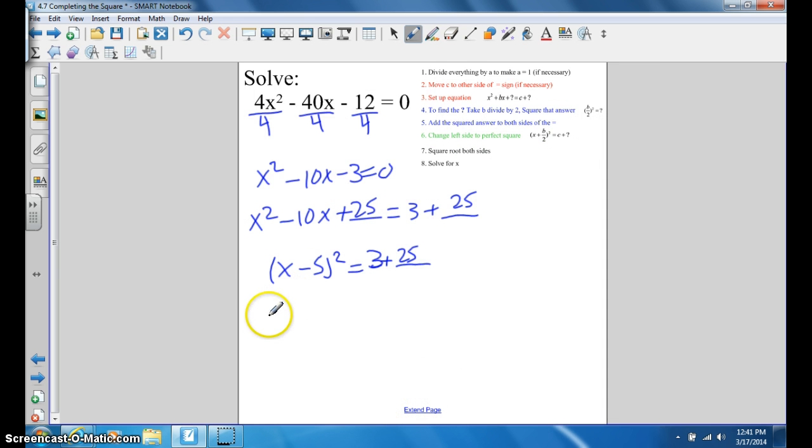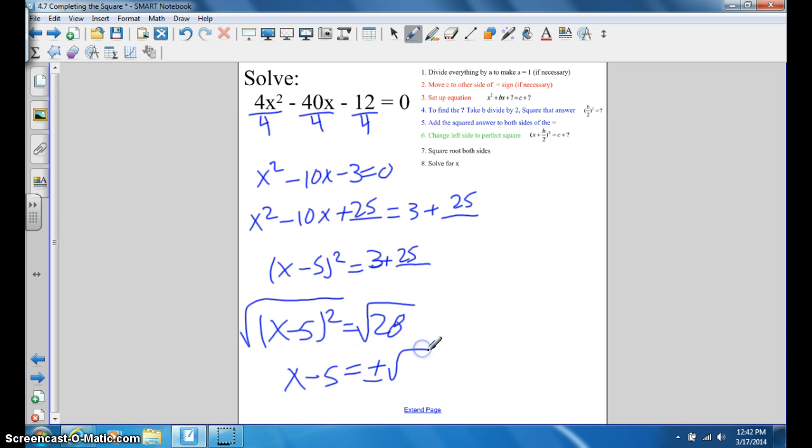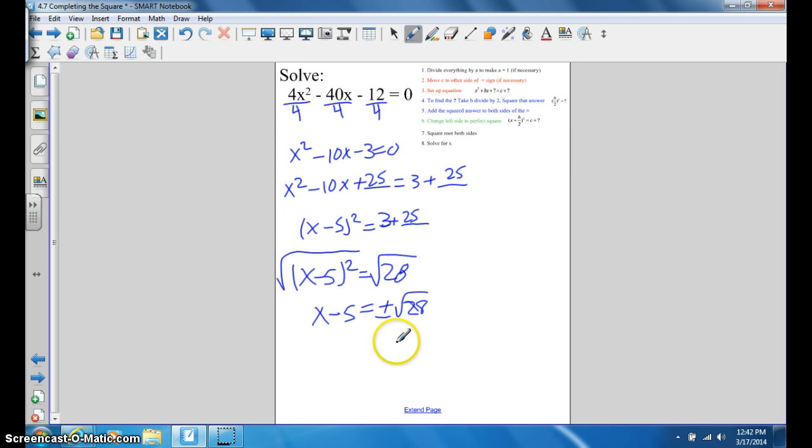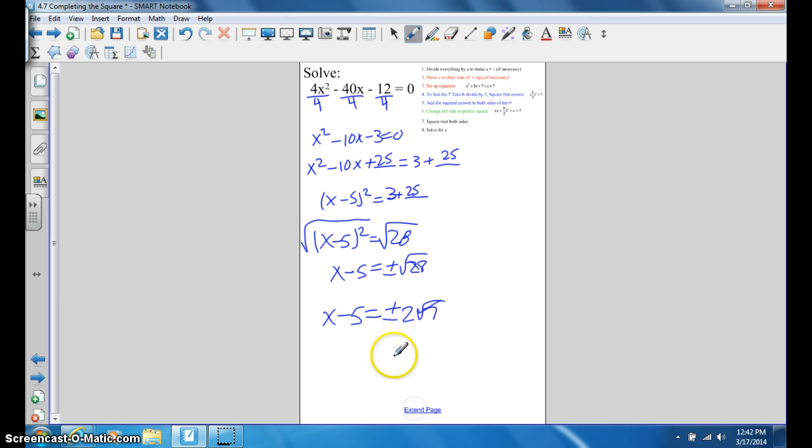So we have x minus 5 squared equals 3 plus 25, which is 28. Square root both sides. So we have x minus 5 equals plus or minus the square root of 28. 28 breaks down to the square root of 4 times the square root of 7. So we get plus or minus 2 root 7. And then add 5 to each side, so x equals 5 plus or minus 2 root 7.